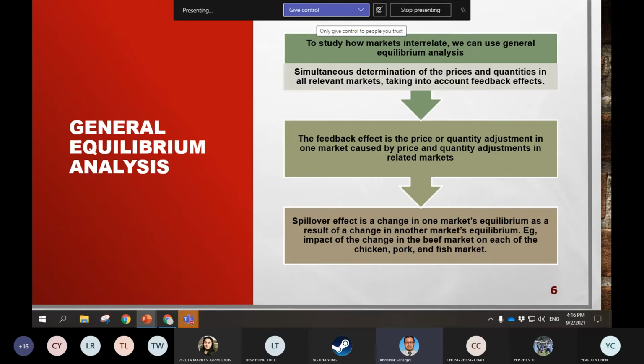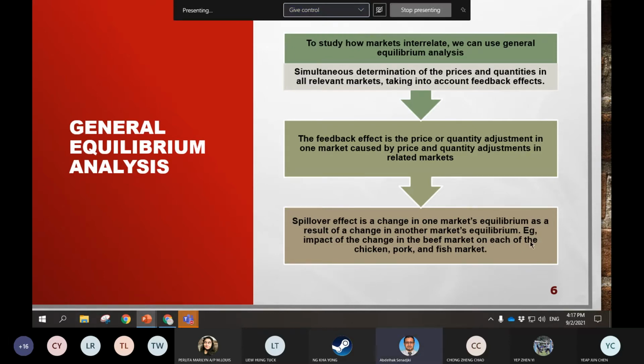Here we are talking about the spillover effect. These two things you really need to remember, because they are very important to understand the concept. The feedback effect is the price or quantity adjustment in one market caused by the price or quantity adjustment in another market. And the spillover effect is a change in one market equilibrium as a result of a change in another market equilibrium.